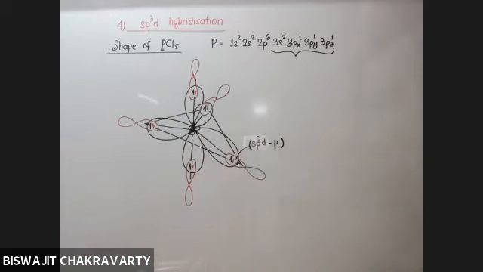So this is the shape of phosphorus pentachloride. The 3 which lie on the same plane making a bond angle of 120 degrees are equatorial bonds, and the 2 which lie perpendicular to the plane are axial bonds. But according to the concept of hybridization, all 5 bonds are of exactly equal bond length because they are sp3d-p sigma bonds.